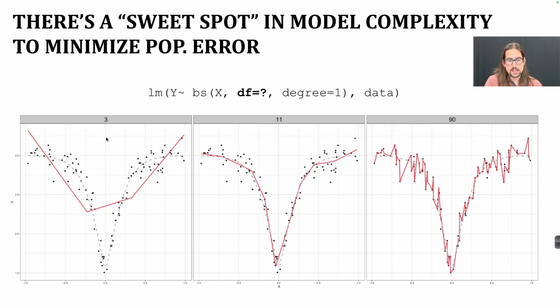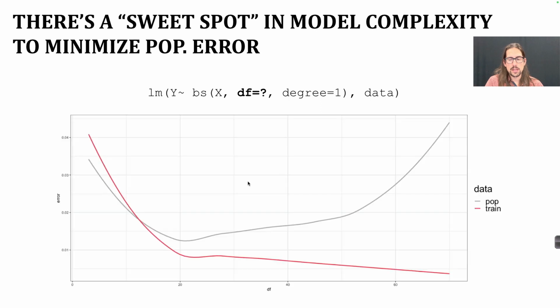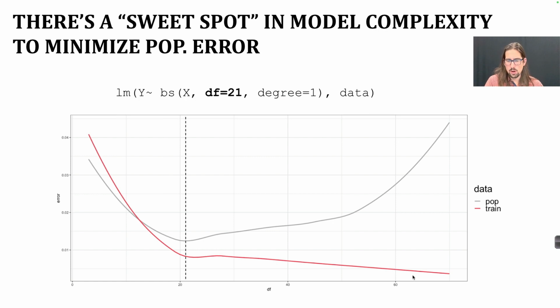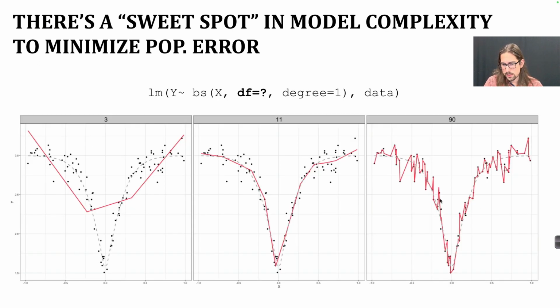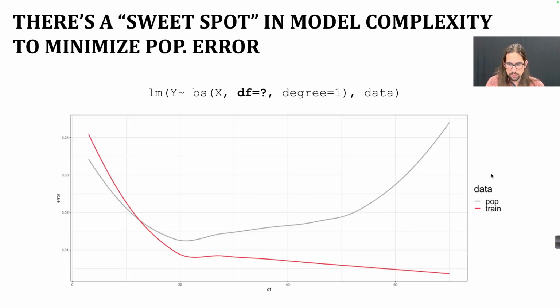So let's look at this again. We already saw this a bit last lecture, but we noticed that there's a sweet spot in model complexity that minimizes the population error. The training error is always going to be going down because we can get arbitrarily good fits of the data by adding more and more complexity to our model, and we're going to nail all of it.